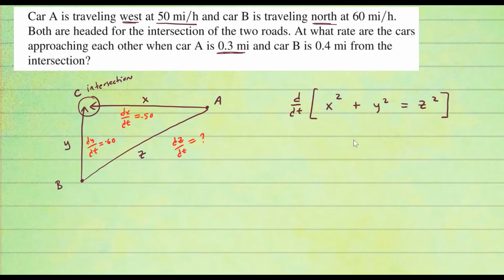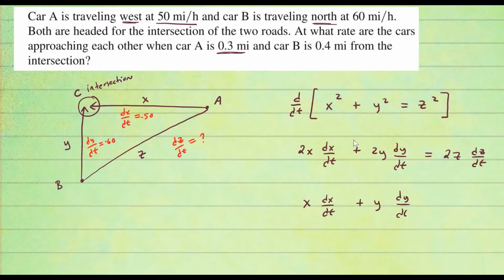Differentiating x squared gives 2x dx/dt, y squared gives 2y dy/dt, equals the derivative of z squared, which is 2z dz/dt. Because they all have 2, I can divide everything by 2. I simply get x dx/dt plus y dy/dt is equal to z dz/dt.